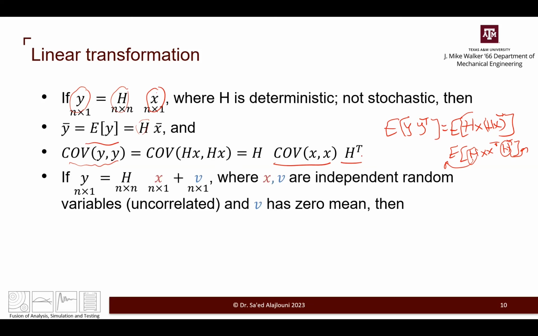Since x is a stochastic variable that is n by 1, here it's n by 1 times 1 by n, so it's n by n.